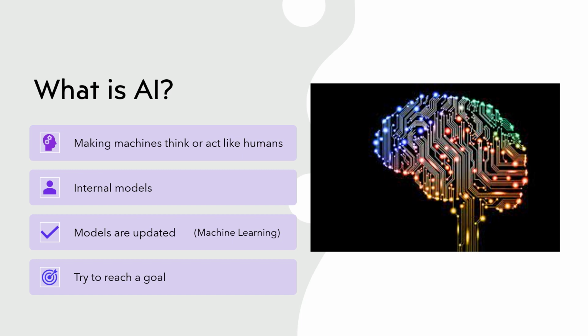In the case of, say, a robot, it would have sensors or some kind of input from the external world, and then it would use an internal function to map that to behaviors it should go through to represent human intelligence. Now, in some cases, these models are updated continually, or they, from the beginning, are updated, and then they are set. And this is known as machine learning.